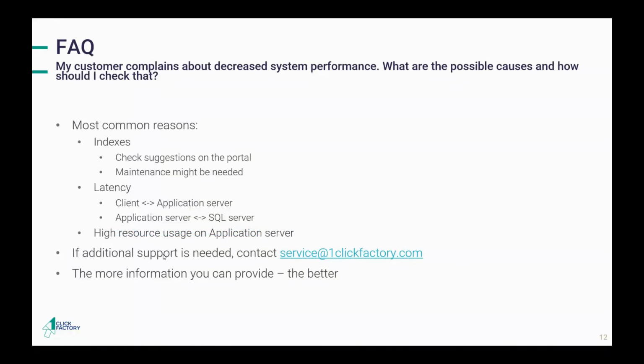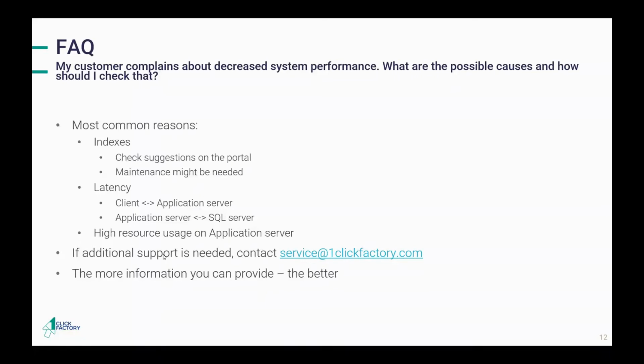Another question that I would like to discuss is the performance of the system. What are the possible causes of decreased performance? As you know, there are millions of reasons why the performance might decrease. Several cases that I would like to discuss: first of all, database indexes.